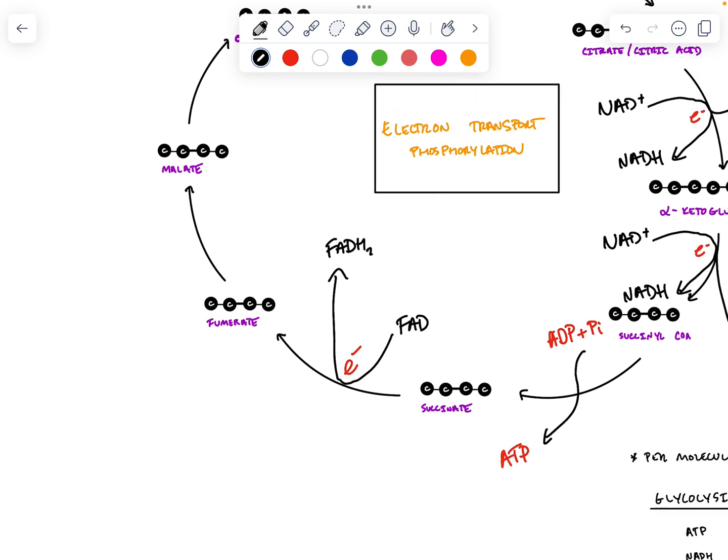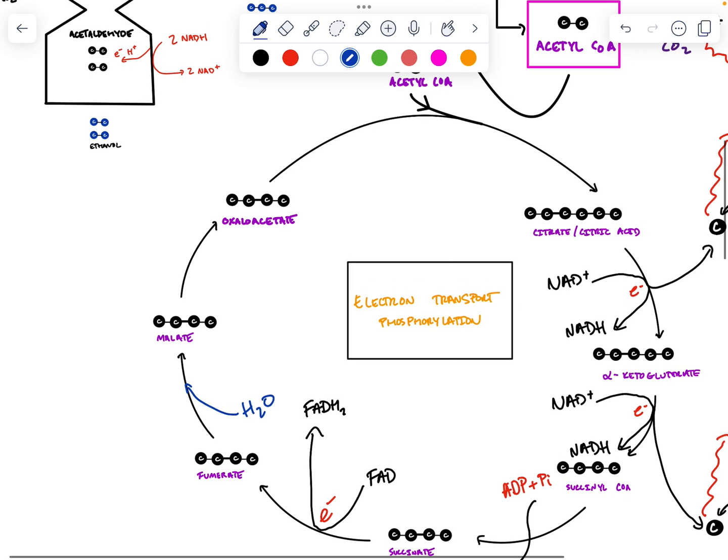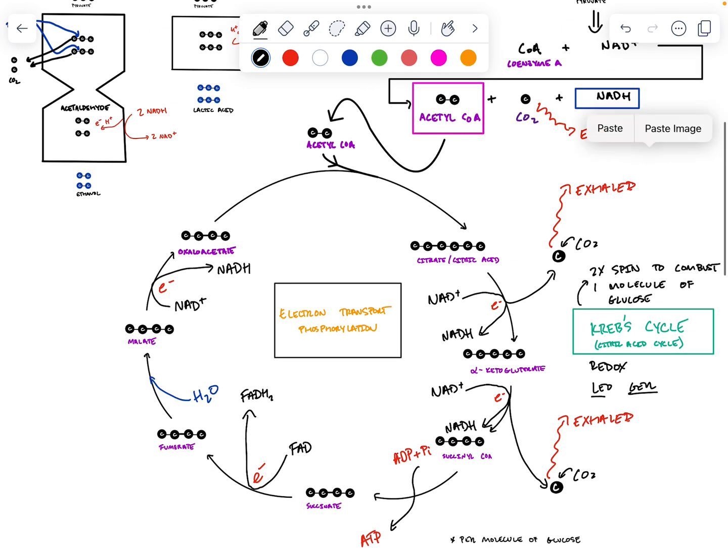And then to turn fumarate into malate, we actually have to add a little water. And then when we go from malate back to oxaloacetate, we do another redox reaction where NAD plus swoops in to pick up more high energy electrons, and it's converted to NADH. And then we're back to the start of the cycle, where another acetyl-CoA can join oxaloacetate to make citrate.